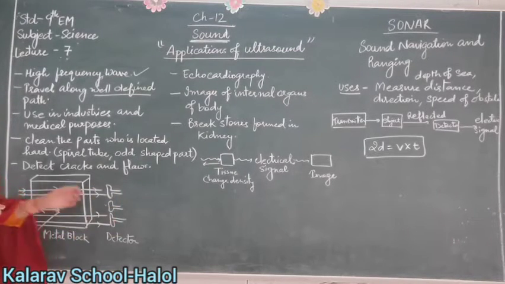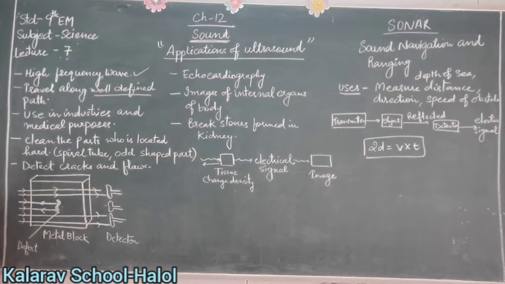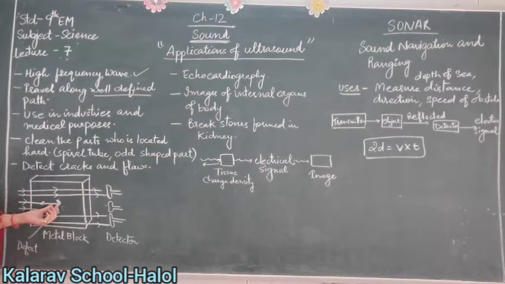These are detectors where the ultrasonic waves can be detected. So the detection of the defect can be simply understood, because rays cannot pass through the defect. They strike and are reflected back from the defect. In this way the metallic block can be repaired, as we see the cracks and flaws in the metallic block.